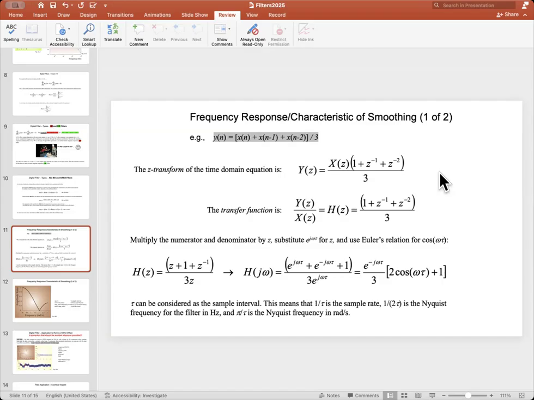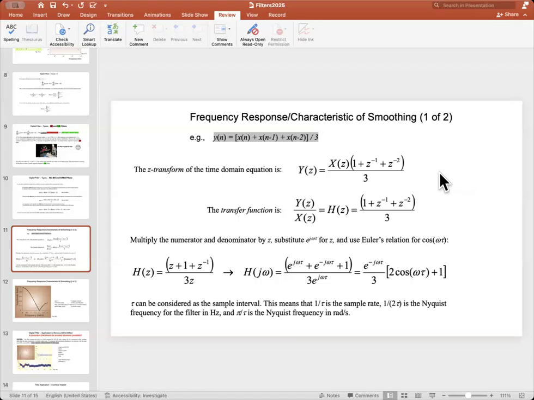Use basically the algebra to do that, and then you say, well, we know what z is. z is basically e to the power sτ. But since we are interested in frequency, we substituted it by e^(jωτ), which is what we did. And then you can go from H(z) to H(jω).